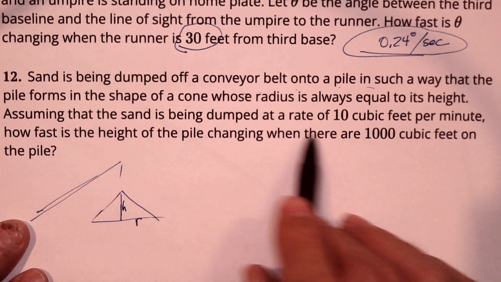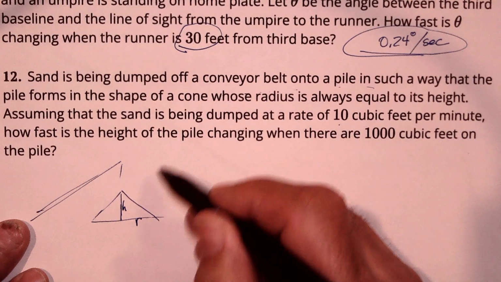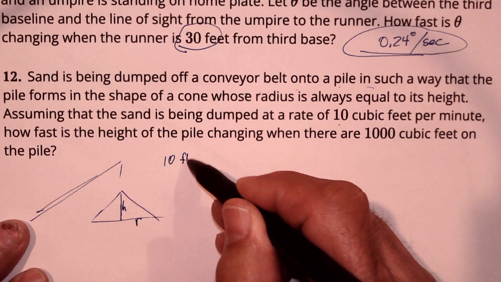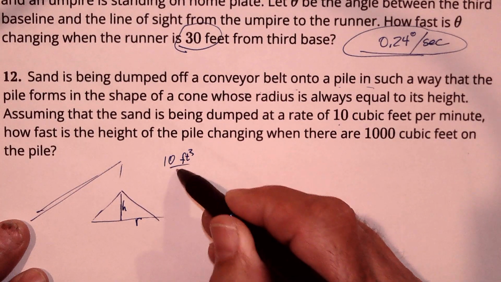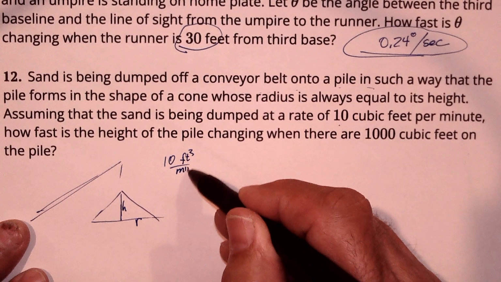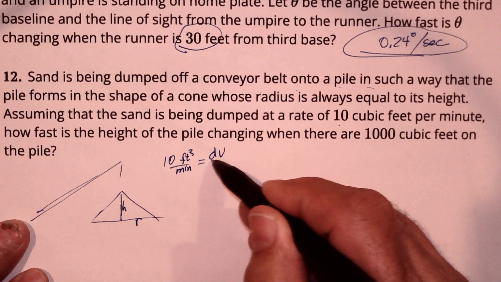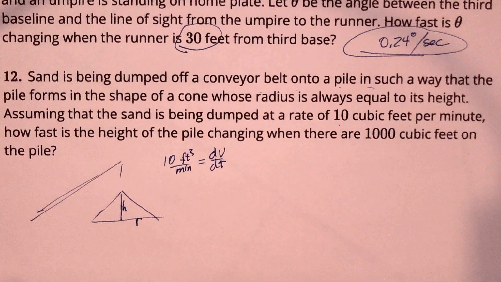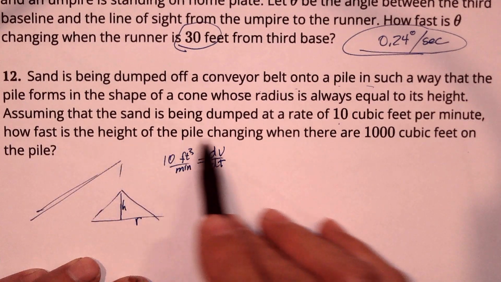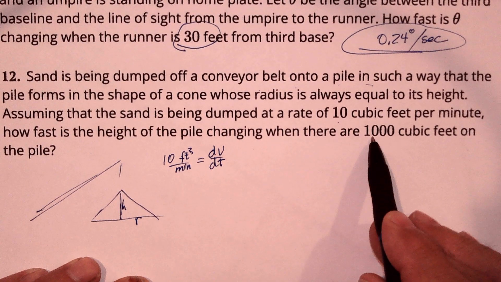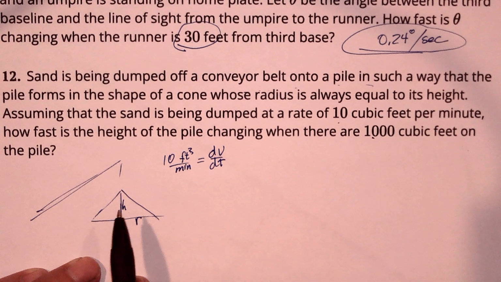And assuming the sand is being dumped at 10 cubic feet per minute, so that's a rate, that's dV/dt. So we can't use it until we take a derivative. How fast is the height of the pile changing when there is this volume in the pile already?